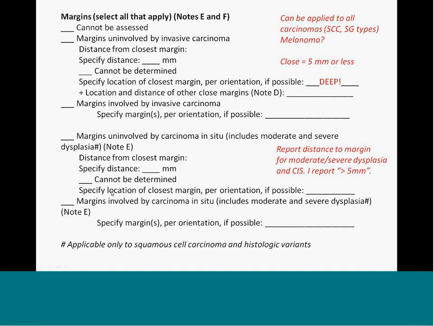And then you have to give the distance from the closest margin, and the site of the closest margin. If it's more than 5 millimeters, I typically report more than 5 millimeters rather than measuring distances to quite distant margins.